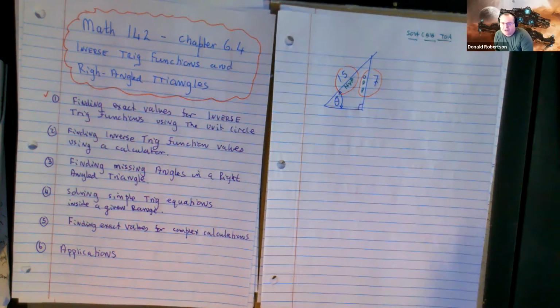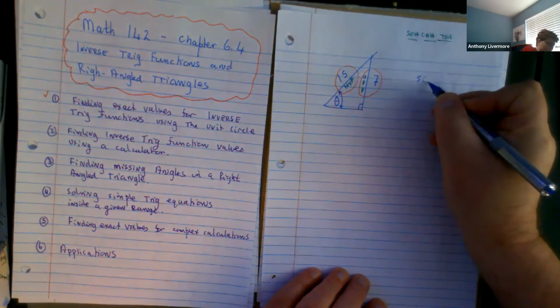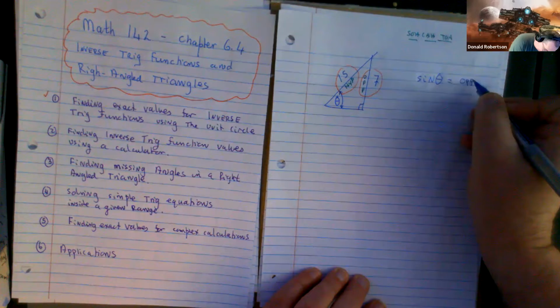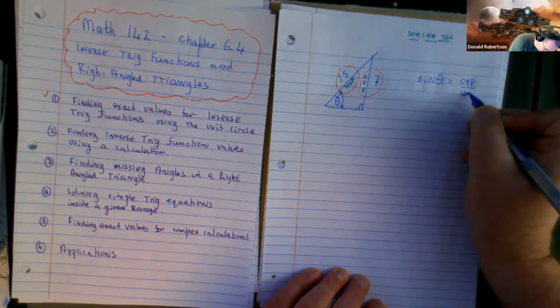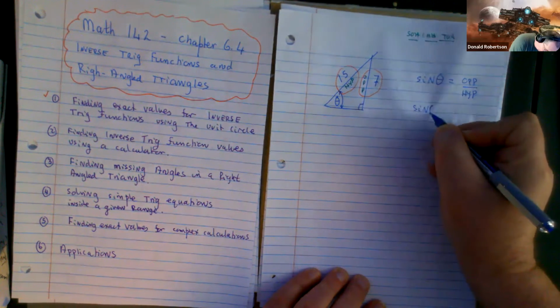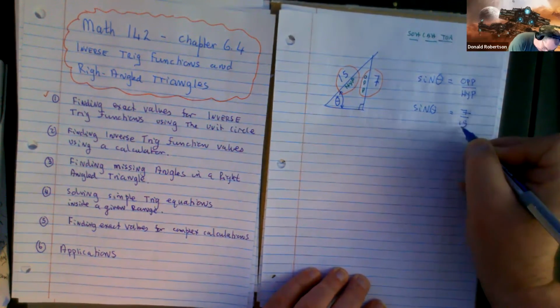Which one of the 3 trig ratios uses an opposite and a hypotenuse? Sine. And so you will do the sine of theta is the opposite over the hypotenuse. You will do the sine of theta is 7 over 15.